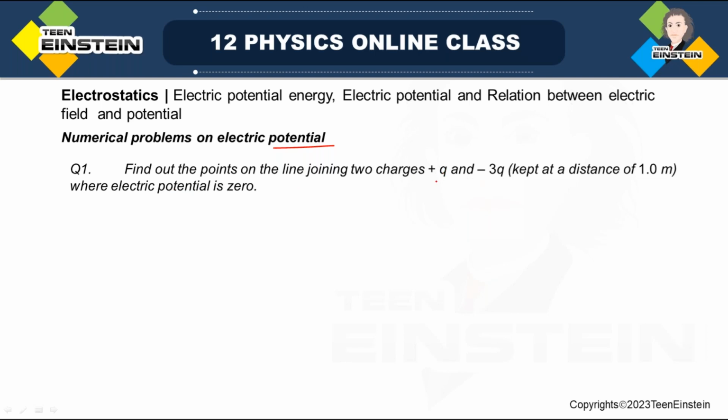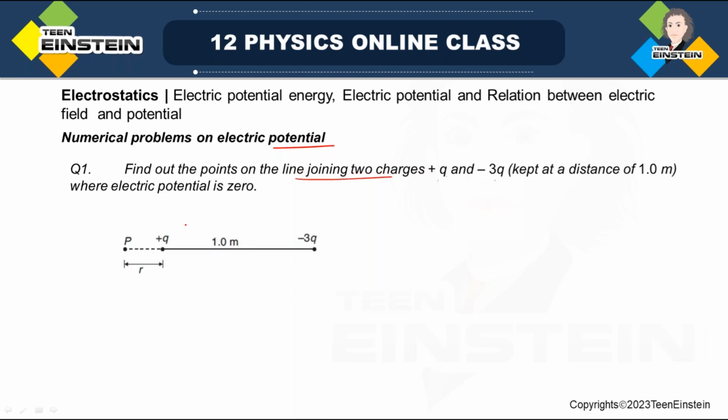There are two charges, plus q and minus 3q, kept at a distance 1 meter away, where the electric potential will be 0. You have to find out the point on the line joining the two charges q and minus 3q, where the potential will be 0.